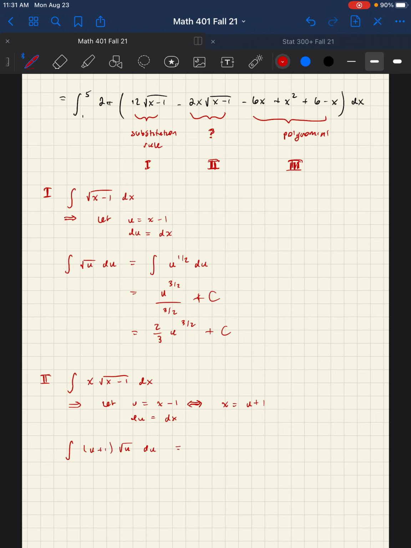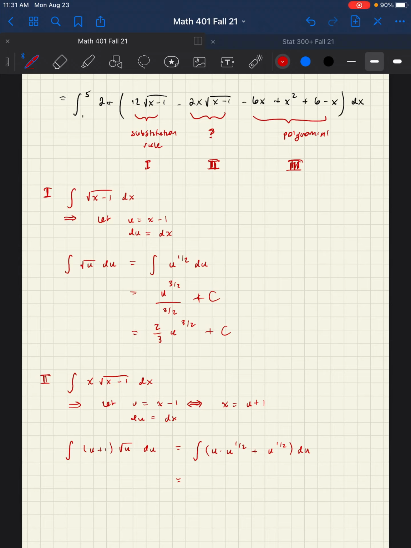In other words, the integral becomes u plus 1 times the square root of u du. And that's not bad, because that's the integral of u times the square root of u. So u times u to the 1/2 plus u to the 1/2 du.